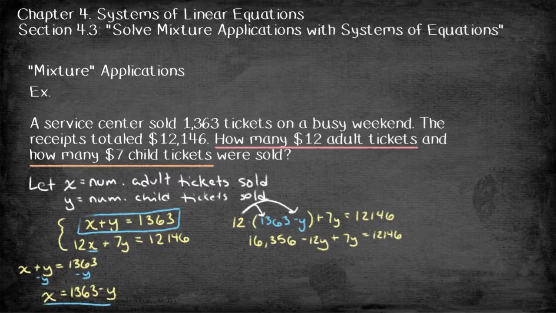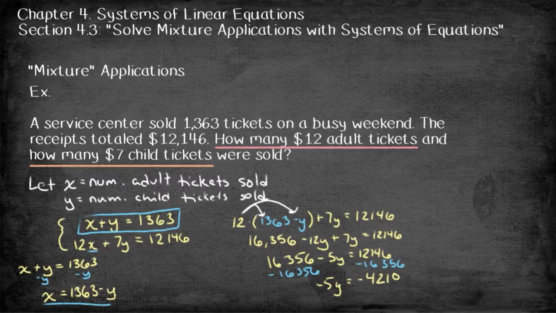And then we solve for y. So we get that y is equal to 842 tickets.